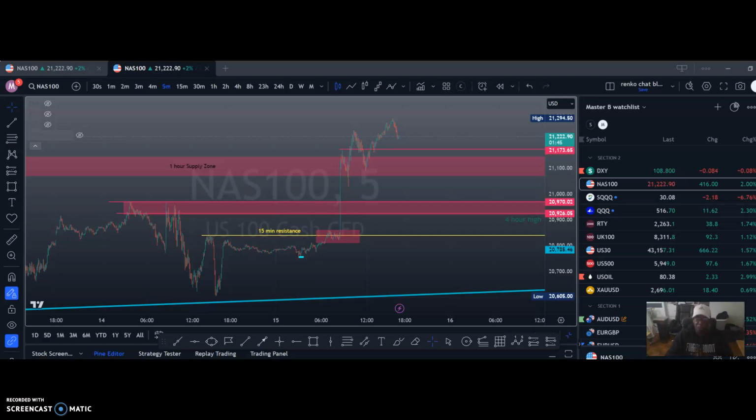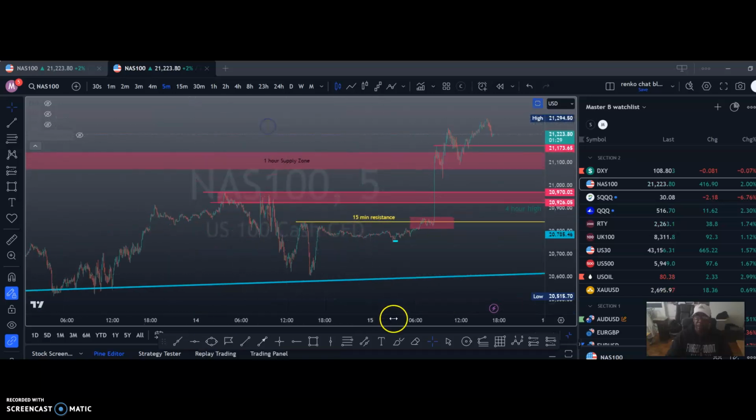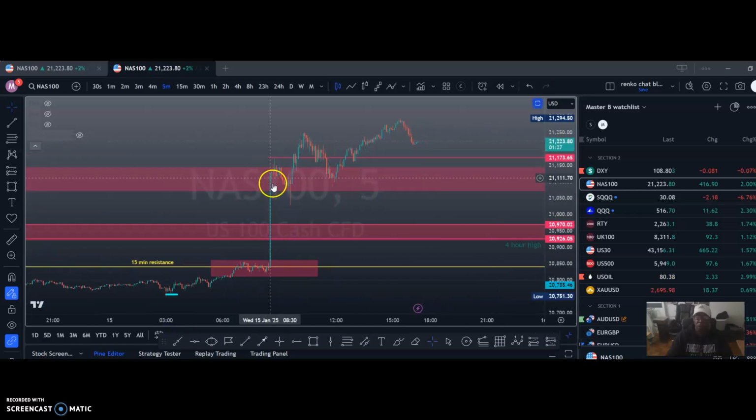When she breaks above, I'm looking to go for that 4-hour and back to the 1-hour supply zone, which we can see. She broke out the top of the consolidation and went straight up to supply. Boom. We already had that marked out as an area of possibility of where price action can go.